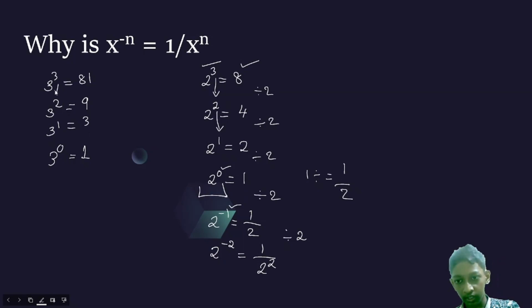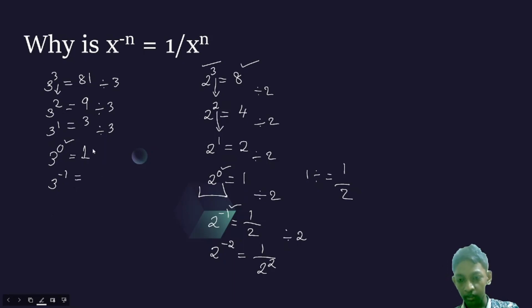Here there is a decrease by 1 unit in the exponent. Now 27 divided by 3 is 9, 9 divided by 3 is 3, and 3 divided by 3 is 1. So now let's subtract 1 from 0, then this will be 3 raised to the power of minus 1.